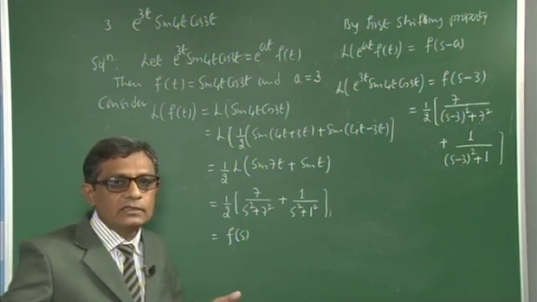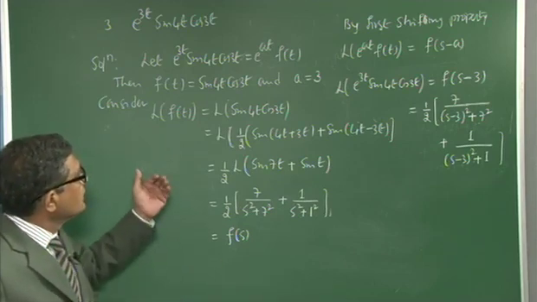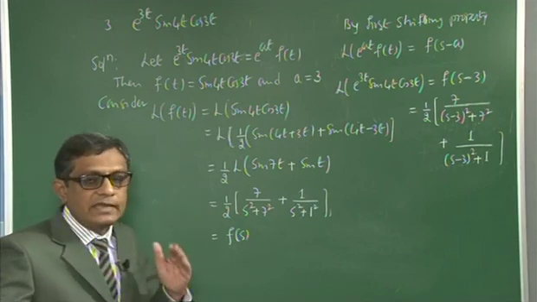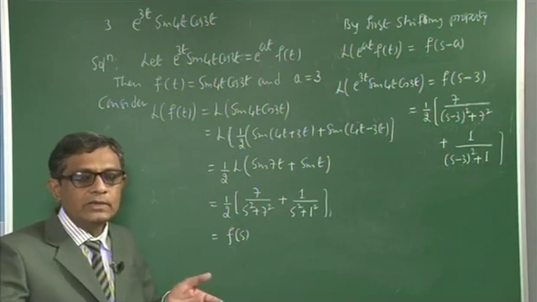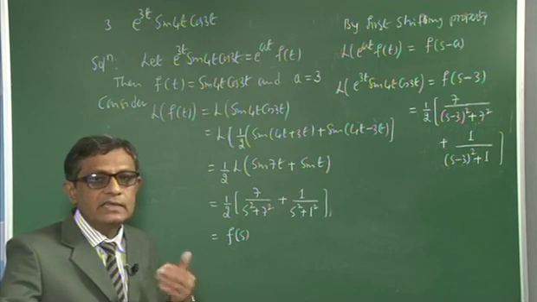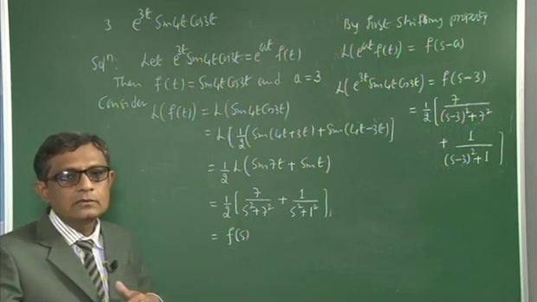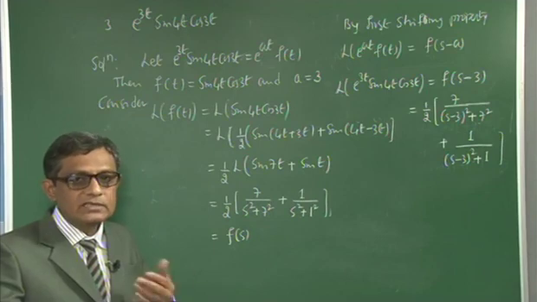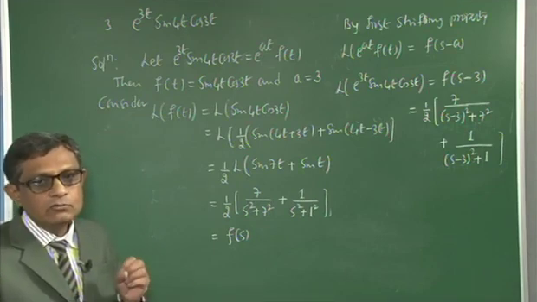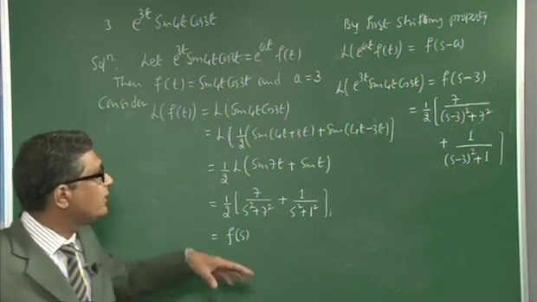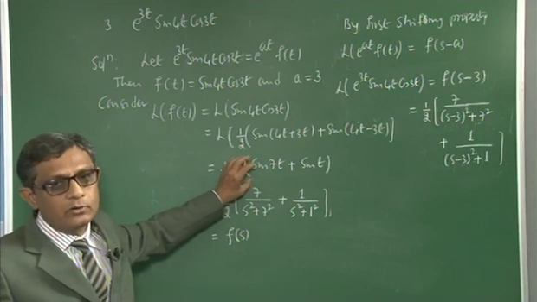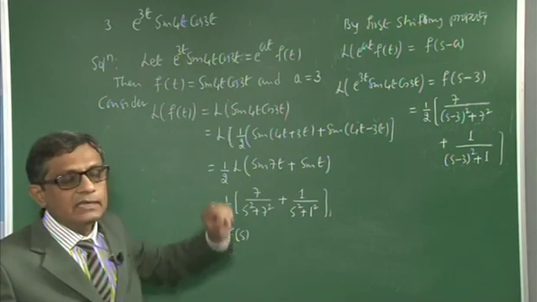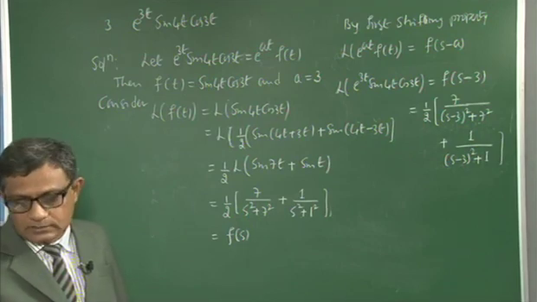If it is cos square theta, 1 plus cos 2 theta by 2. If it is a product like sin a cos b or cos a sin b, cos a cos b or sin a sin b, or if it is sin cube theta or cos cube theta, you have to use the corresponding trigonometric formula. You must know all the trigonometric formulas, then only we can reduce the given function into the standard form. That is very important.